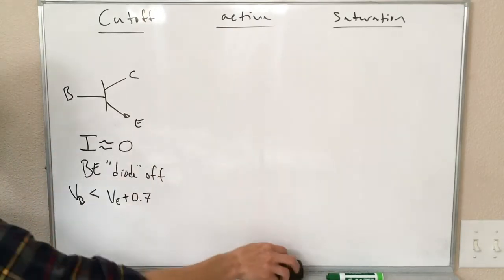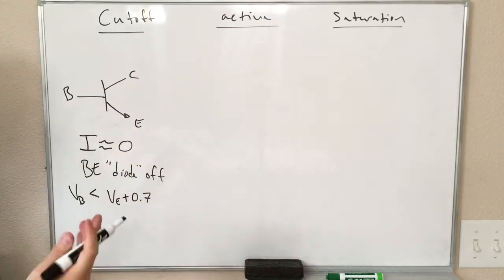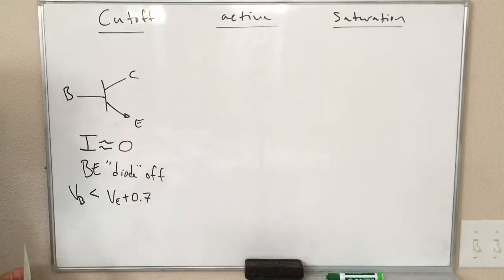Okay, and during this, the collector voltage can pretty much be anything. Of course, there are limits to this. If you're in cutoff mode and you have really big voltage differences in the reverse direction, like a diode, eventually things are going to break down. Transistors are more sensitive to breakdown effects than most diodes, and so you can damage transistors if you have these reverse voltages too big.